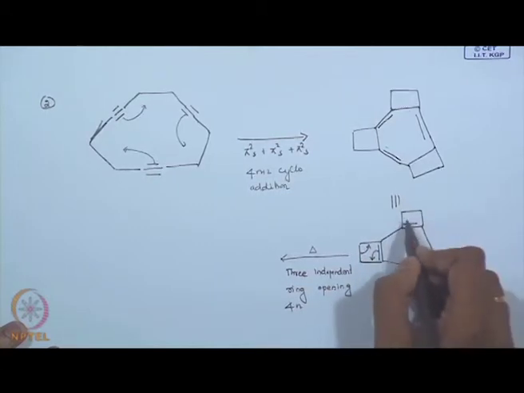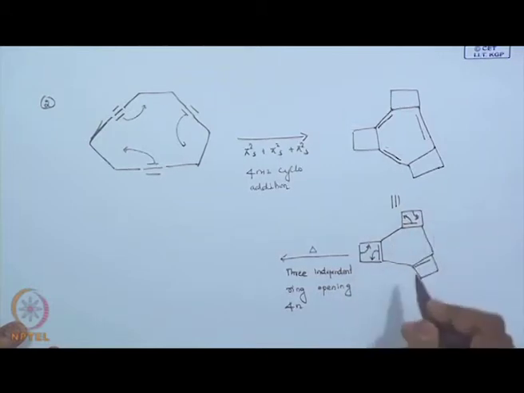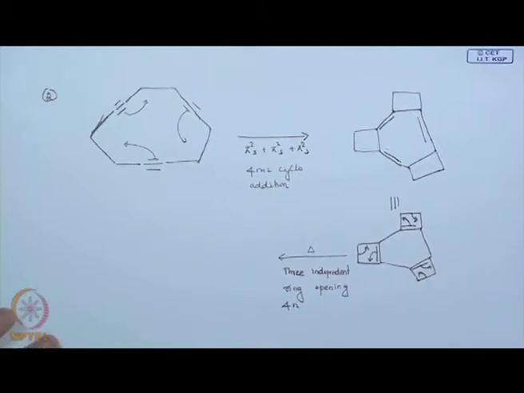This can happen most of the time simultaneously, synchronous. So, you can open these 3, a nice 3 independent ring opening of your 4N system. All these reactions happen independently, and they happen at the same time to give you the product.